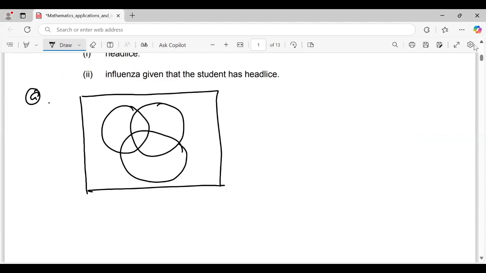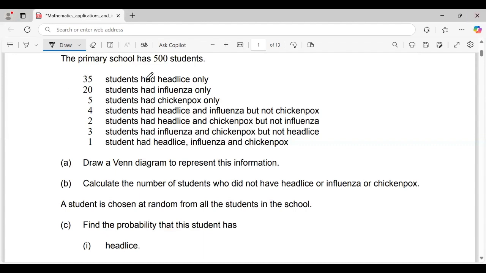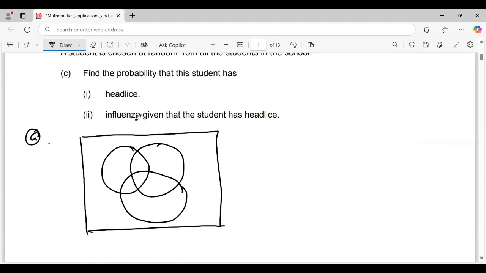According to the information, 35 students had lice only. This is the circle for head lice, this is the circle for influenza, and this is the circle for chickenpox.